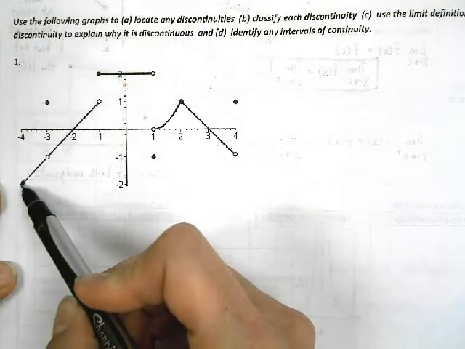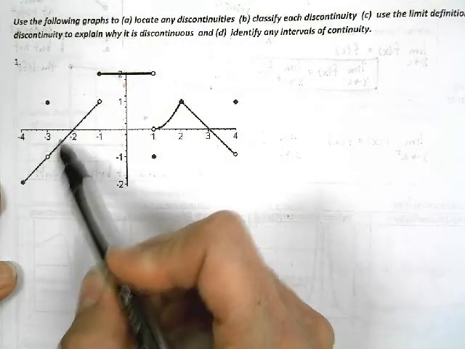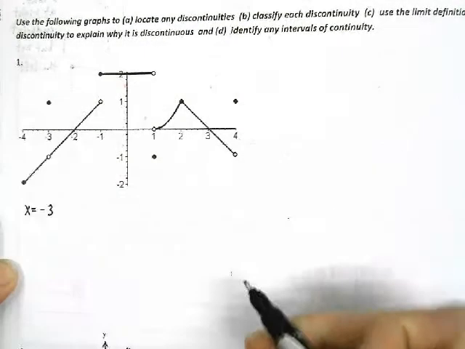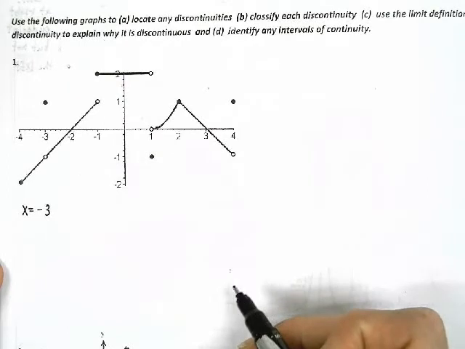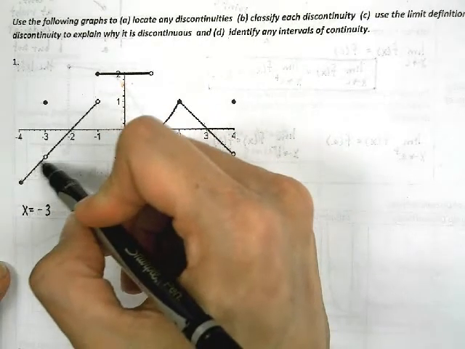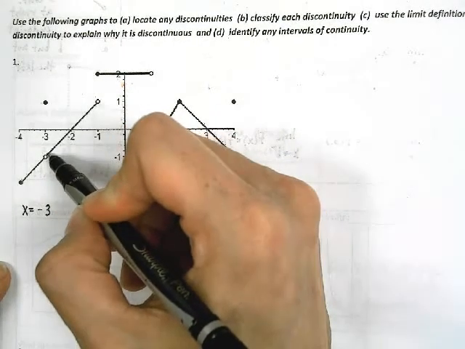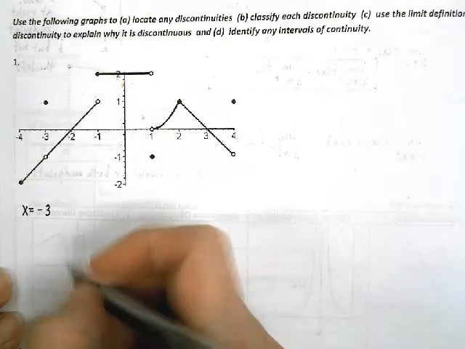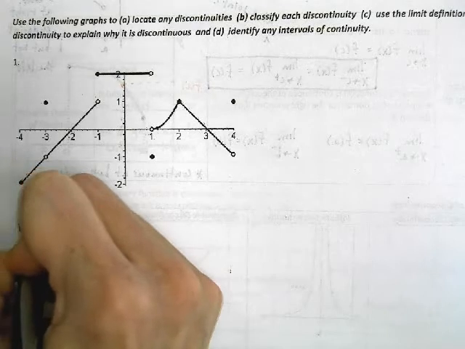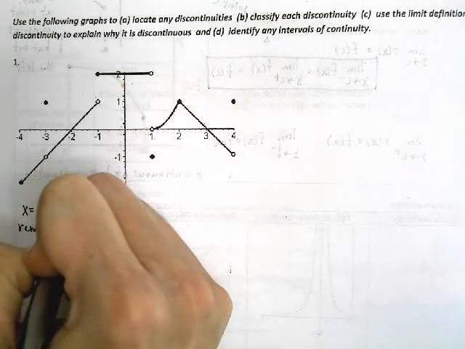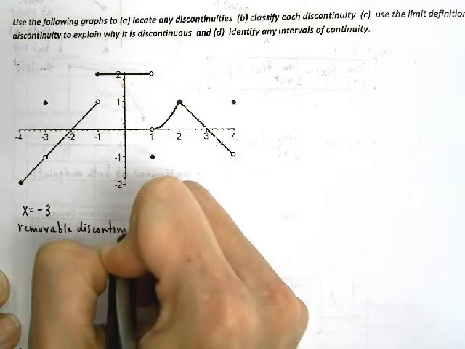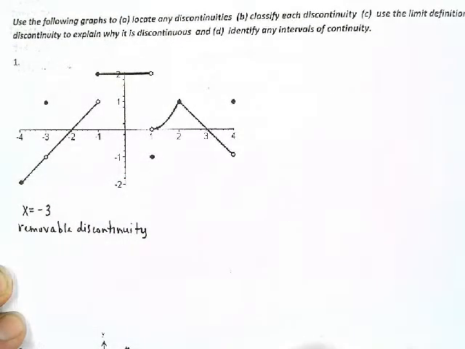If I start from the left, the first point where I'm going to have a problem is x equals -3. So that's my discontinuity. Since the limit from the left and the right agree, that's going to be our removable discontinuity. That's where I have my hole.